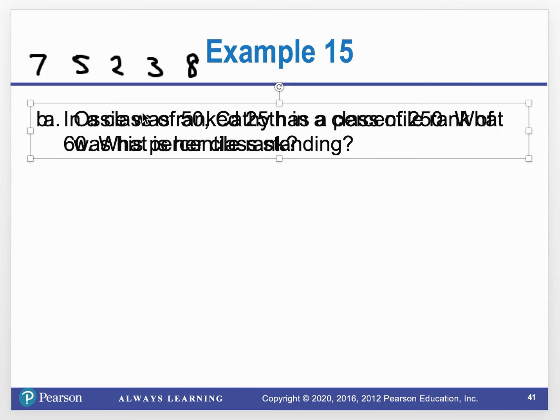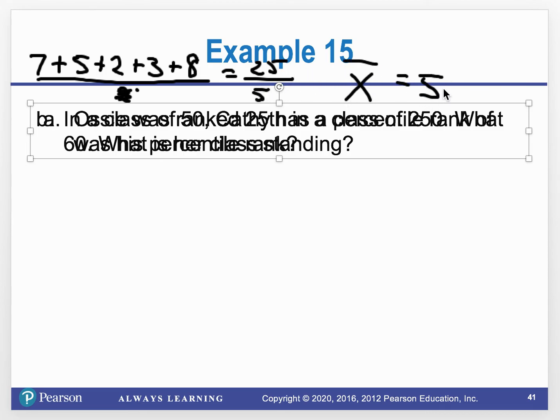The first thing I need to do is to find the mean. So I'm going to add this up: 12, 13, 14, 25. 25 divided by 5. Cool. So my mean is 5.